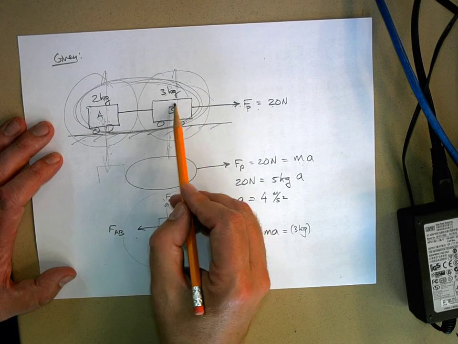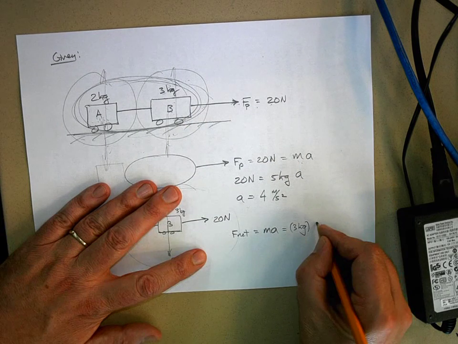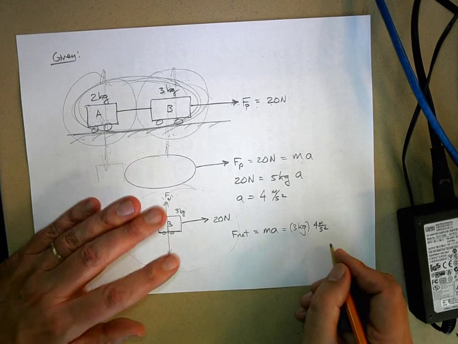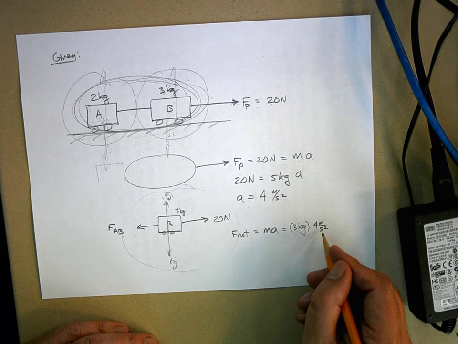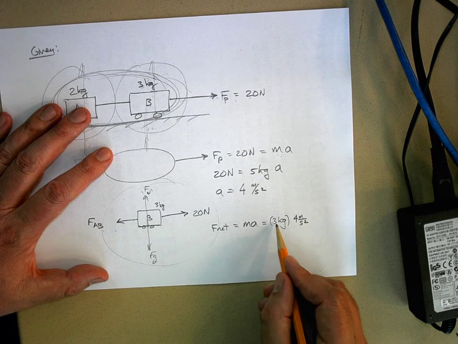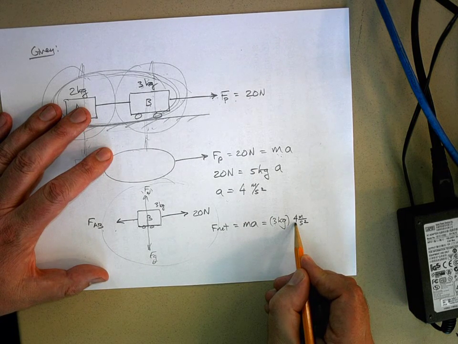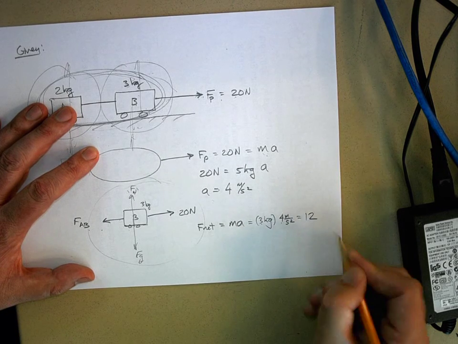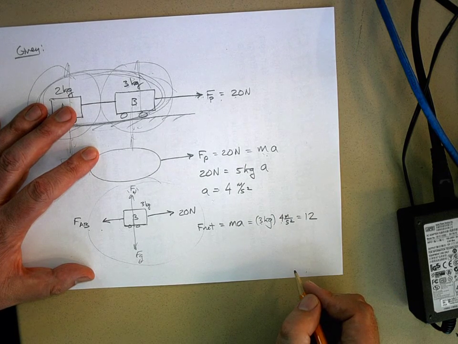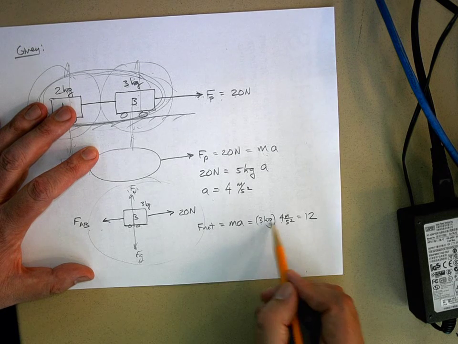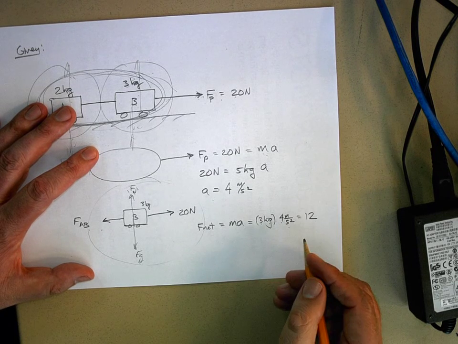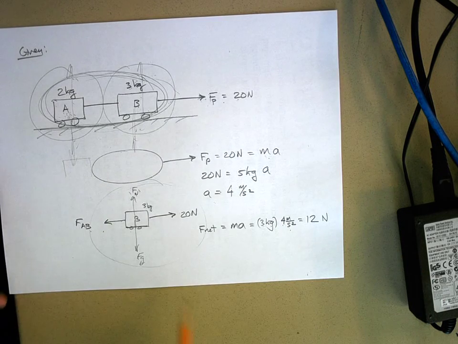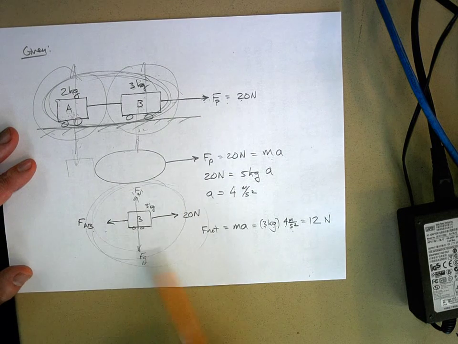That gives me an acceleration of 4 meters per second squared. So 3 times 4 is 12. And what is a kilogram meter per second squared called? A Newton. So the net force acting on this thing is 12 newtons to the right.